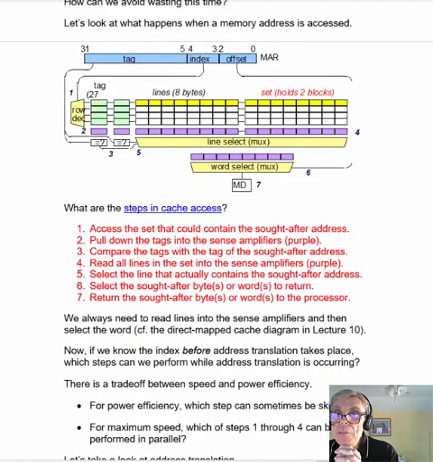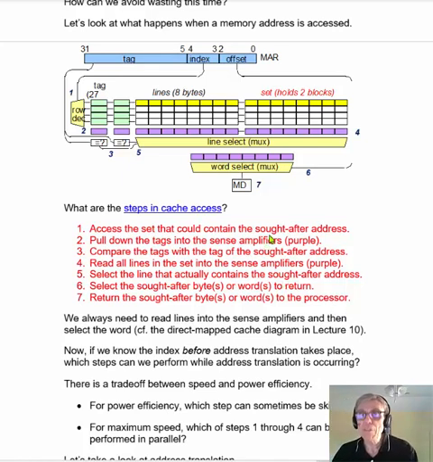Okay, now that we have the steps in order, let's look for opportunities for concurrency. The last 4 steps need to be sequential because you can't select a line before it's in the sense amplifier. And you have to select a line before you can choose the bytes to return. But there is opportunity for parallelism earlier in the process.